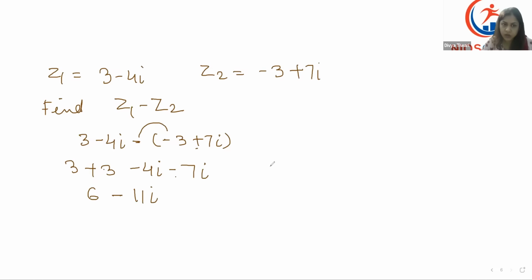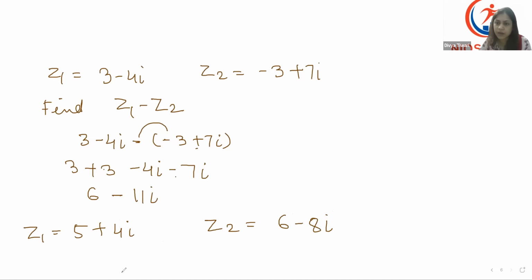Okay, so now take one more question. If I have Z1 equals 5 plus 4 iota, and Z2 equals minus 6 minus 8 iota. Solve the value and tell.